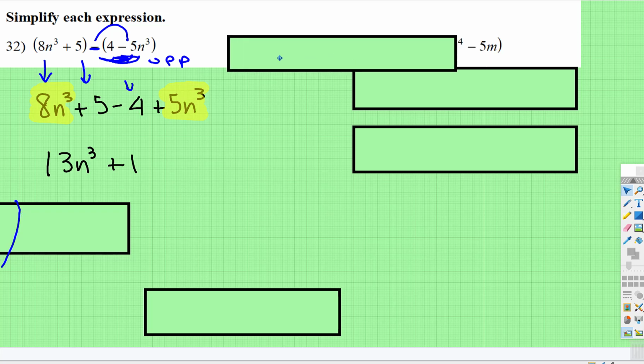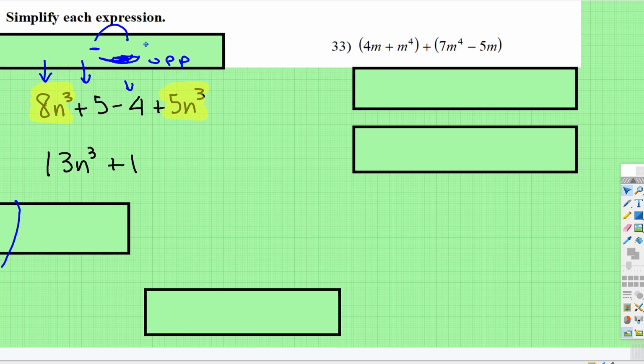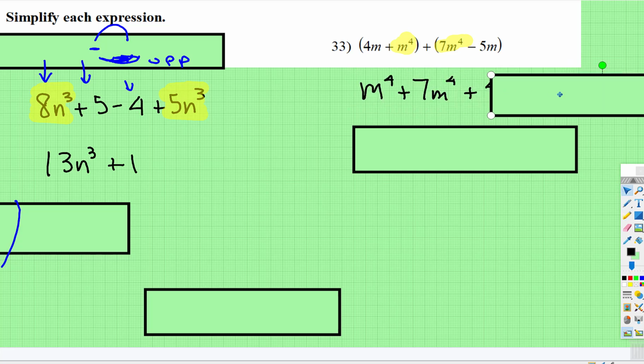All right, now we're going to come over here and we're adding. So let's see what we have. The highest degree is m to the 4th. So 1m plus 7m to the 4th. One technique that is a good idea is to rewrite them.